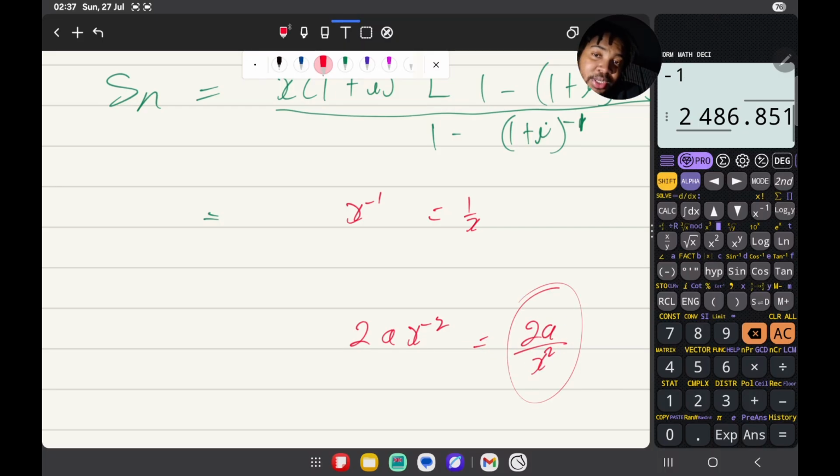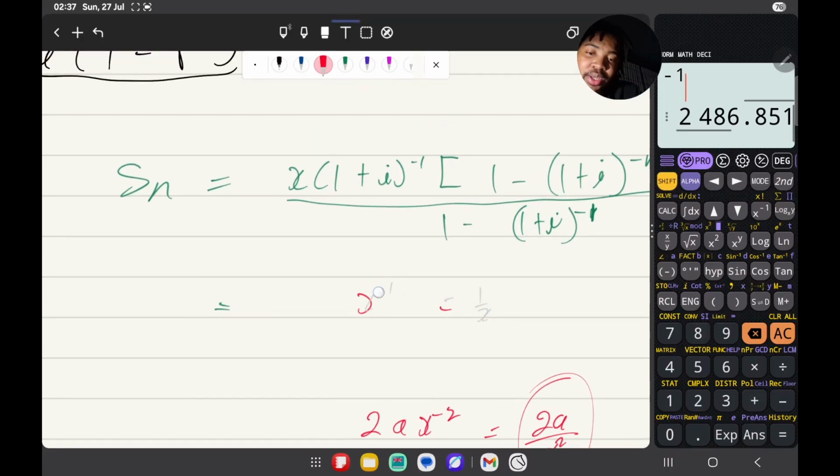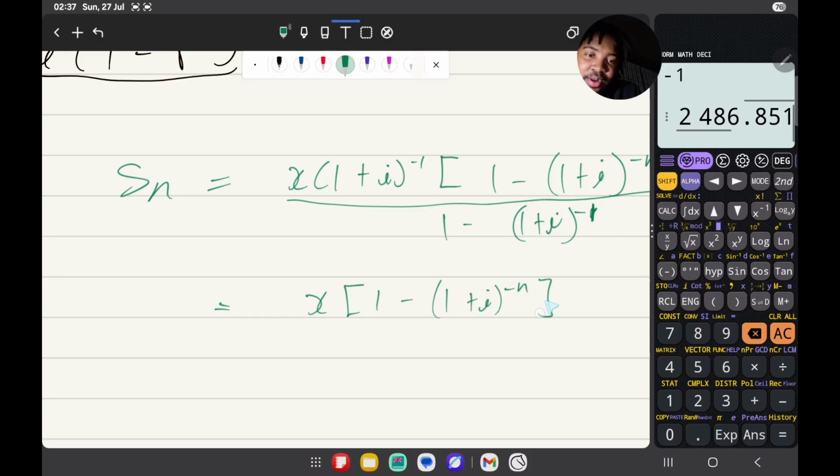I'm doing this illustration because of this minus 1 here, just to say that what we have in the denominator is going to be the same as x times (1 - (1 + i)^-n). The negative now becomes positive because we've converted it. So then you have 1 - (1 + i)^-1.